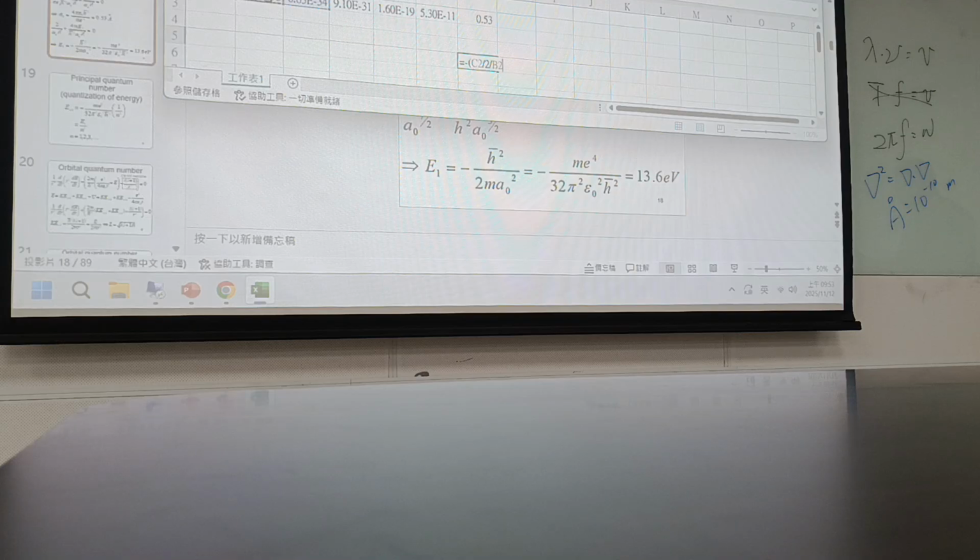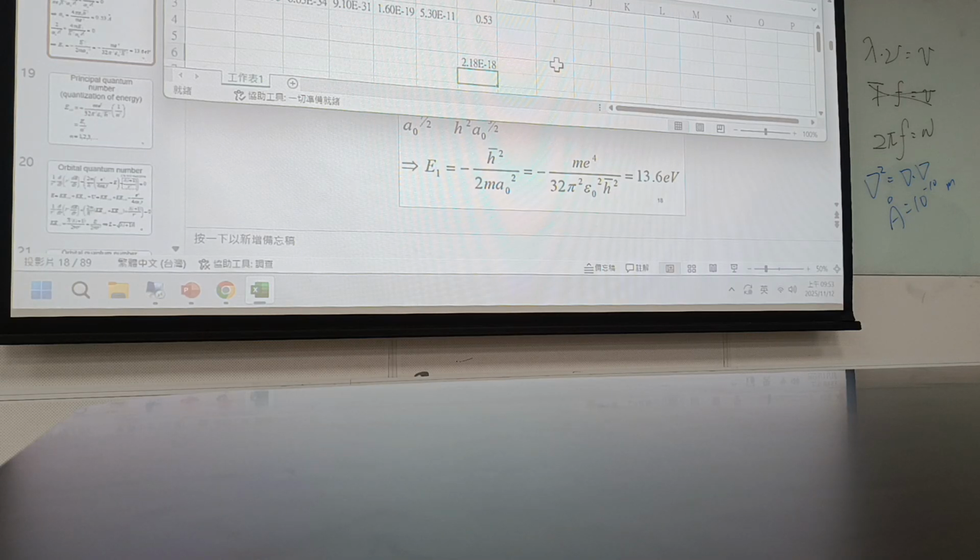Planck constant divided by 2 pi is the h bar, squared, divided by 2, divided by n, this is n, divided by this square. Okay. It's not 13.9.